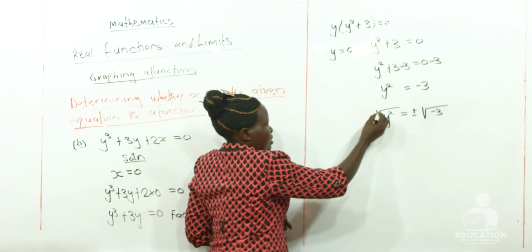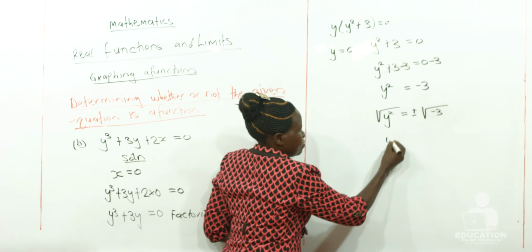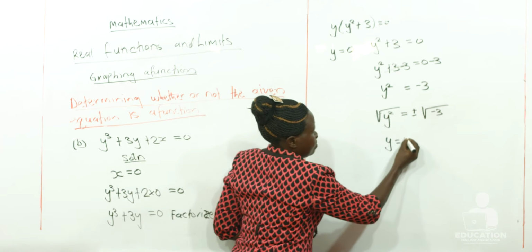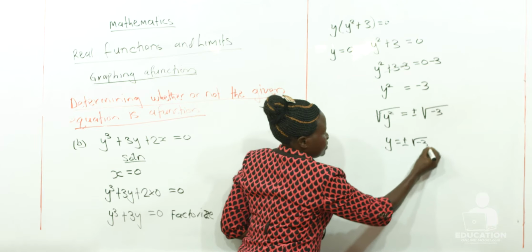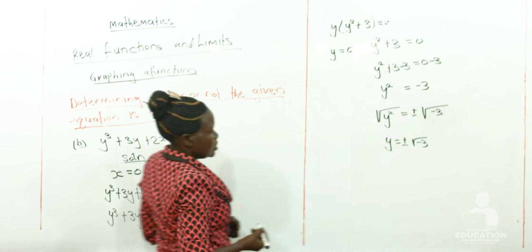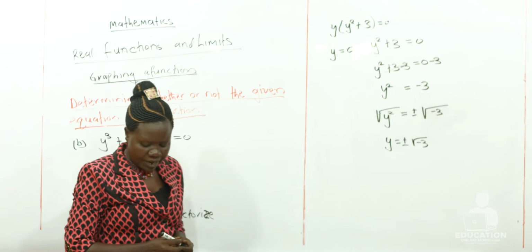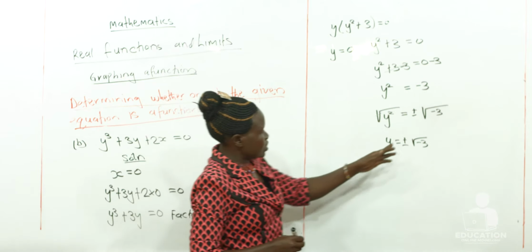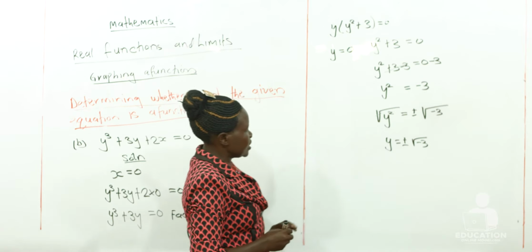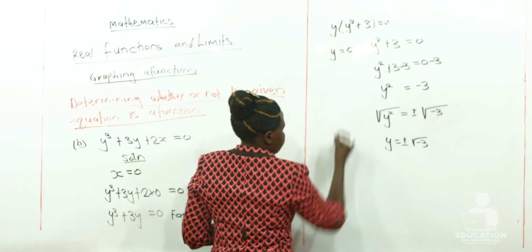So this symbol here will cancel with the power, and then we remain with y equals to plus or minus root of negative 3.